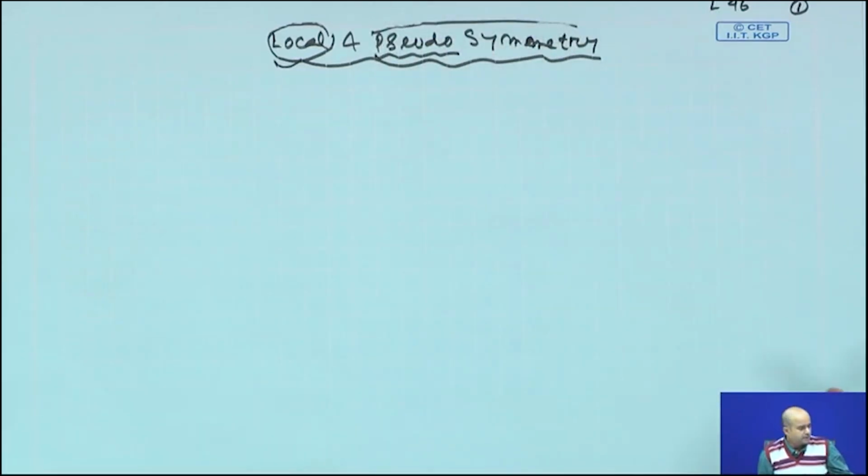Now, we have explained how a natural product, bisocalamic acid, can be synthesized by applying the concept of local symmetry and pseudo symmetry, and we said that strict maintenance of symmetry is an essential prerequisite.